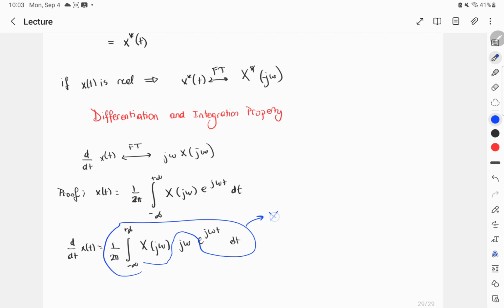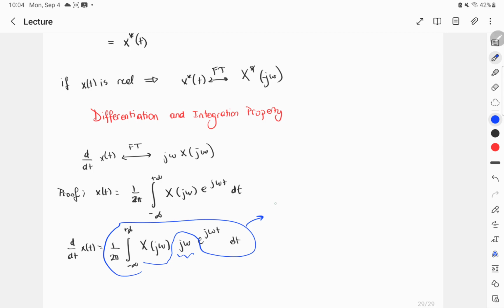So this is already equal to our function, and the only difference is that we multiply it with jw.